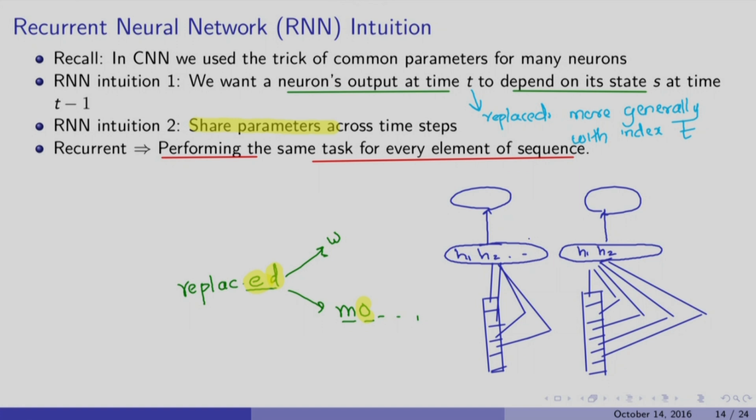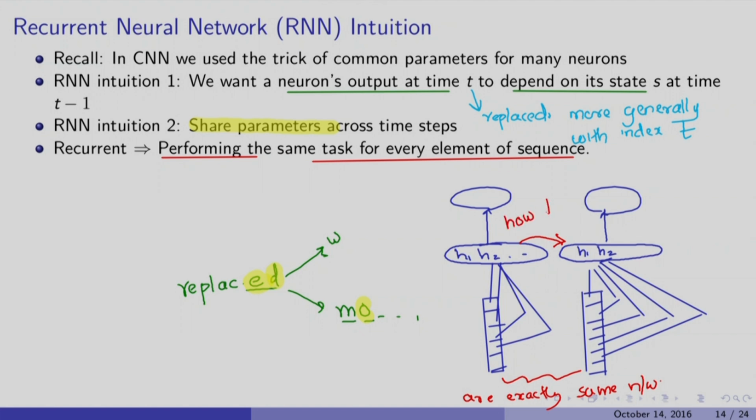Now some points to realize here are that these two are exactly the same network architecture. However, what we want is this new hidden state depends on the previous hidden state.